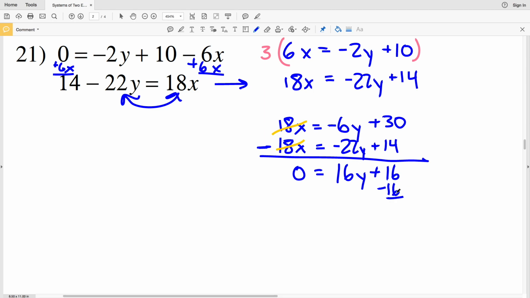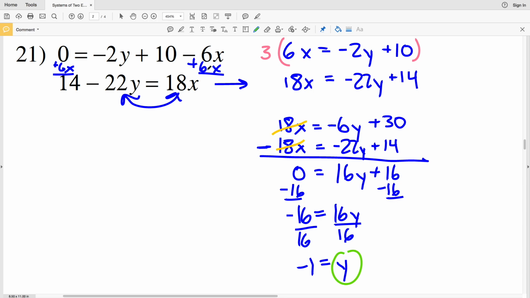So subtracting 16 from both sides, I'll get that negative 16 equals 16y, and then dividing by 16, I'll get that negative 1 is equal to y. So if negative 1 equals y, I'll take that value and plug it in to any of my equations. Let's plug it into this first.